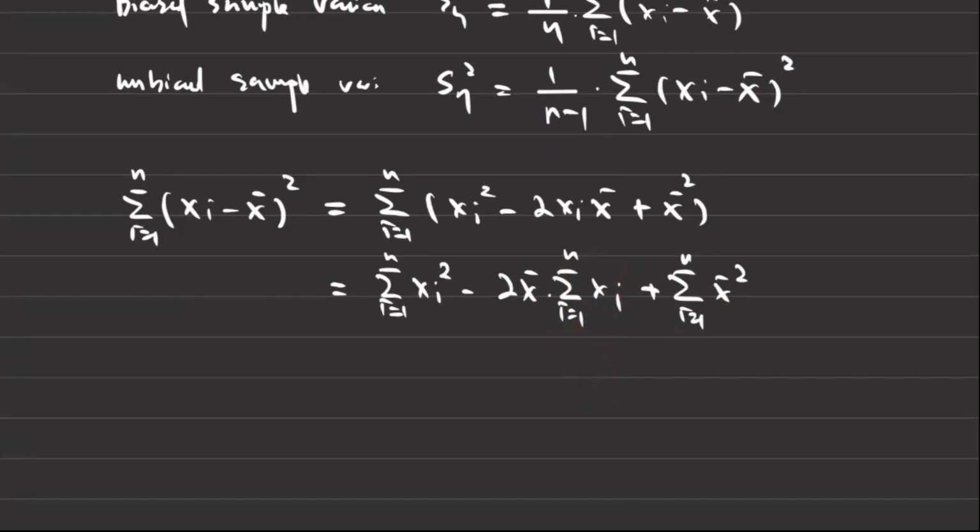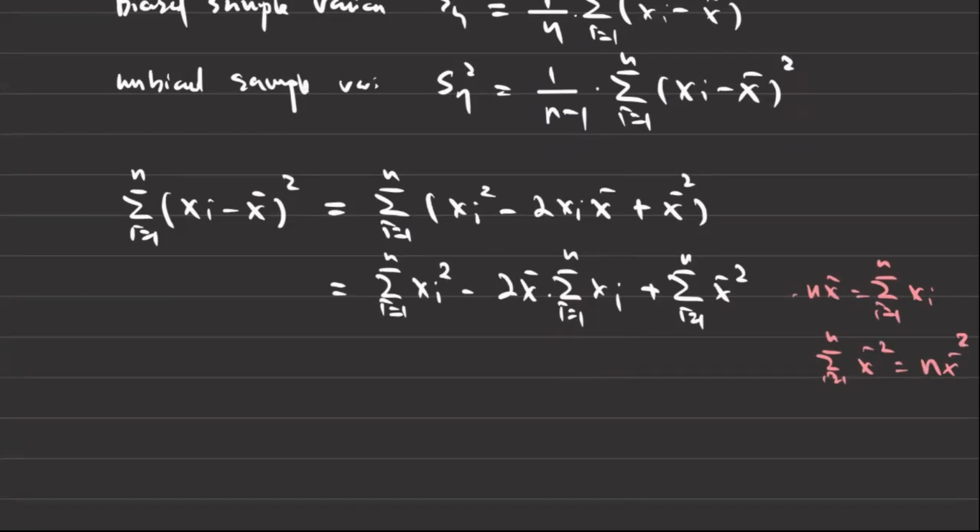So let's denote these two things on the right-hand side. Notice that n x bar is summation i from 1 to n of xi. And also summation i from 1 to n of x bar squared equals n x bar squared.